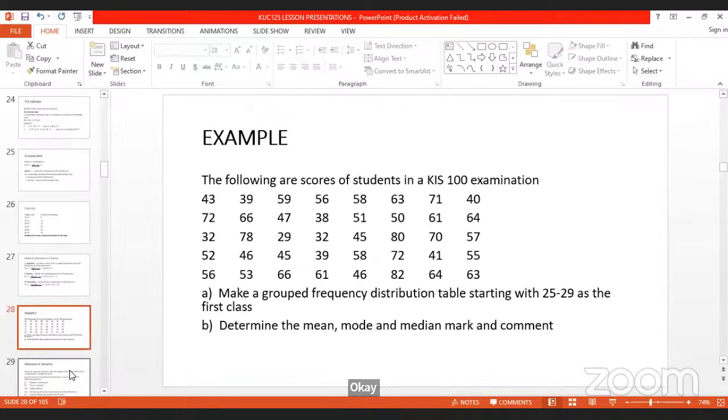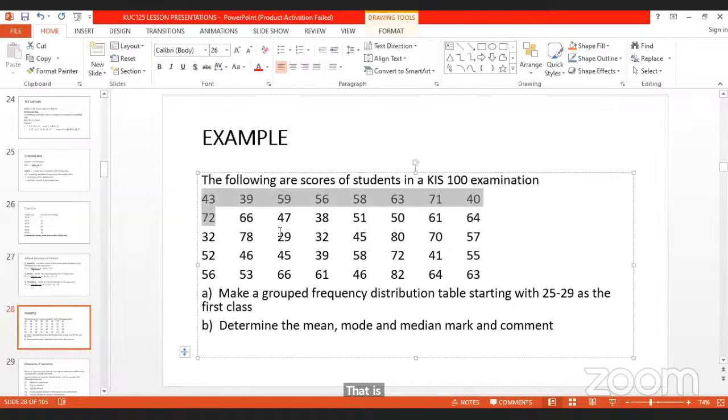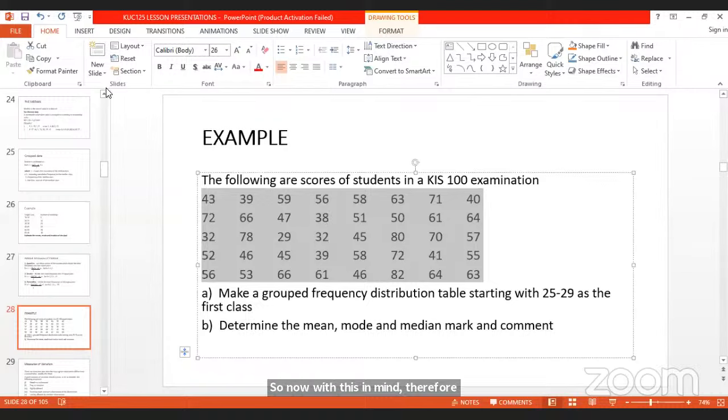Look at this example. It is visible, or I can magnify it. So look at those values, and we are saying that these are scores of students in a Swahili examination.